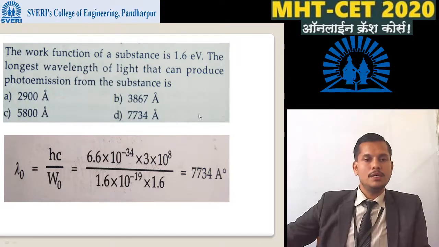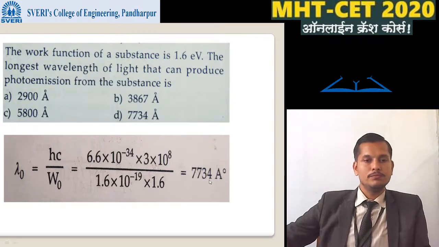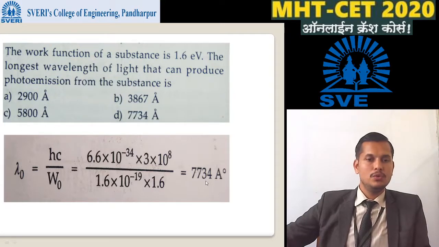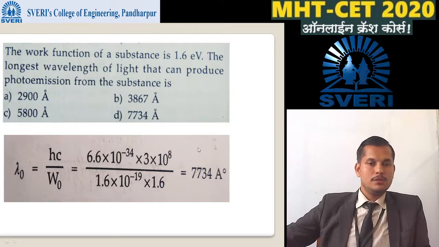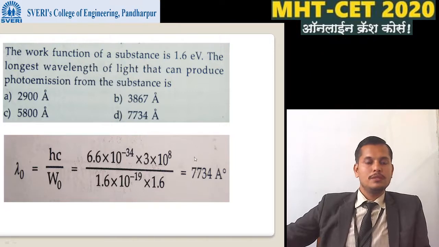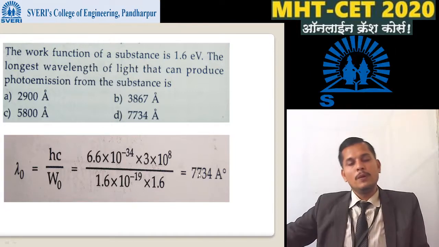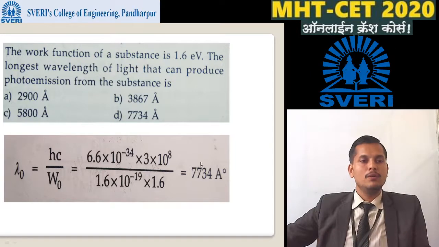The values of h and c are nothing but constants. Put the given value of work function by adjusting the term and convert that into angstrom, that is 1 angstrom is equal to 1 into 10 raised to minus 8 centimeter. After conversion we can get the value of lambda as 7734 angstrom, which is the option D.